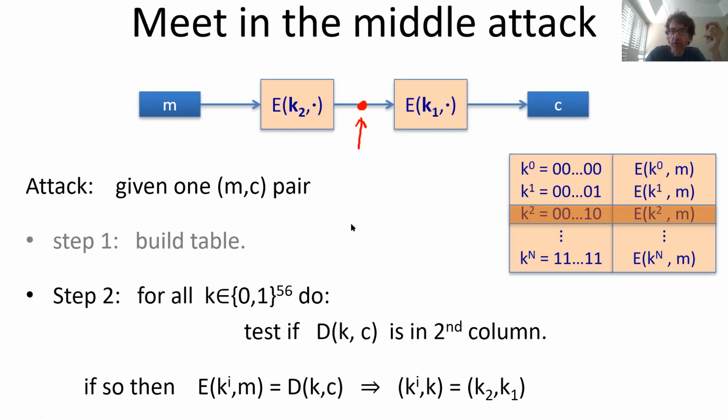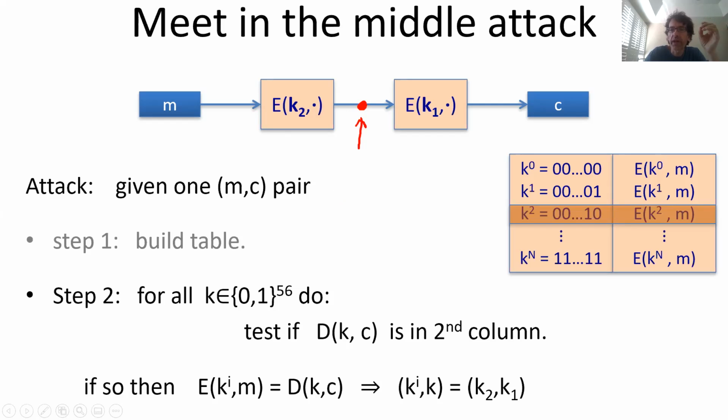Well, actually, to perform this test, you have to sort them first, because otherwise, look, what was the time? It took you 2 to the 56 to create this table.